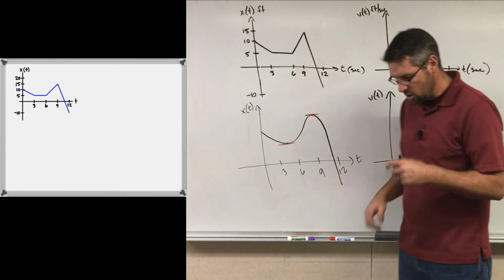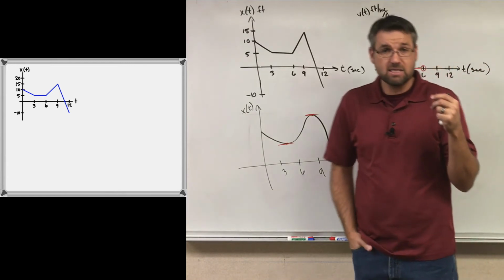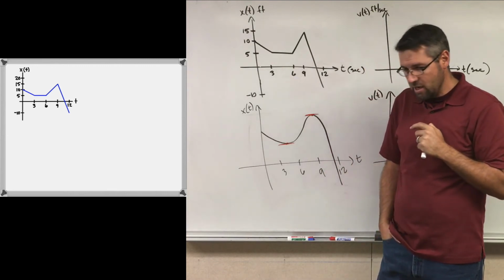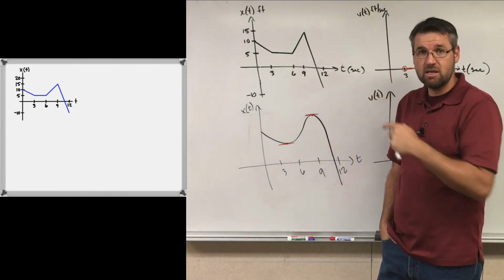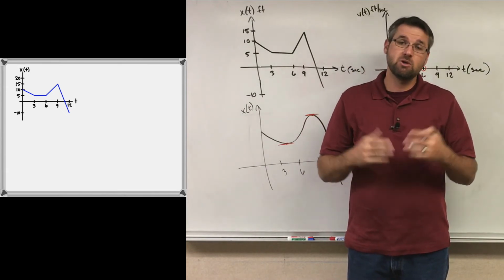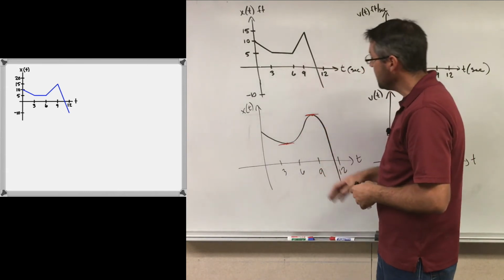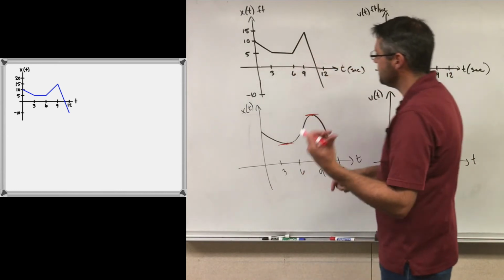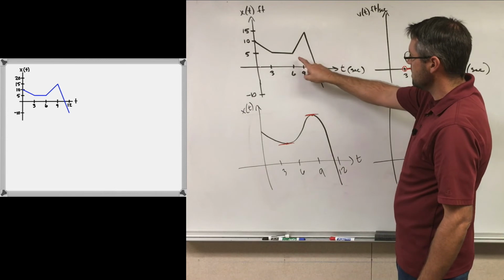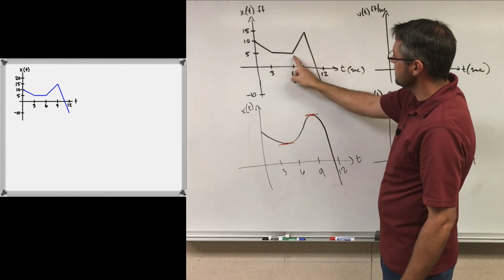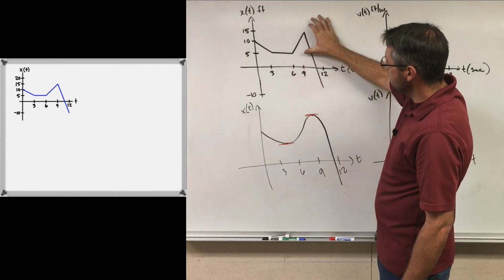Now we ask the question, when is the velocity positive? The velocity is positive when the function is increasing. And think about it. If the function is increasing, you have a positive slope, which means you have a positive derivative. In this case, we can calculate that pretty easily, and we already did in the previous slide. The slope here is positive from 6 to 9, and we can calculate that because that's linear.